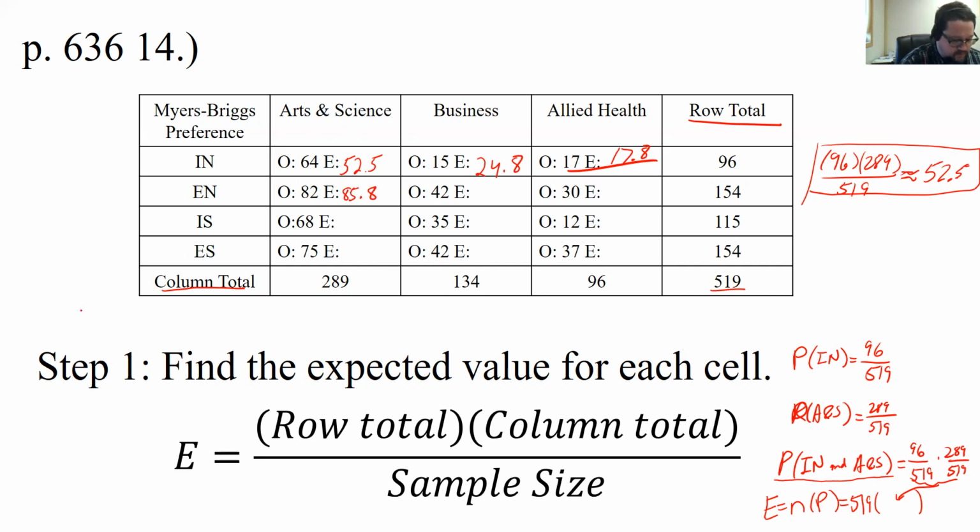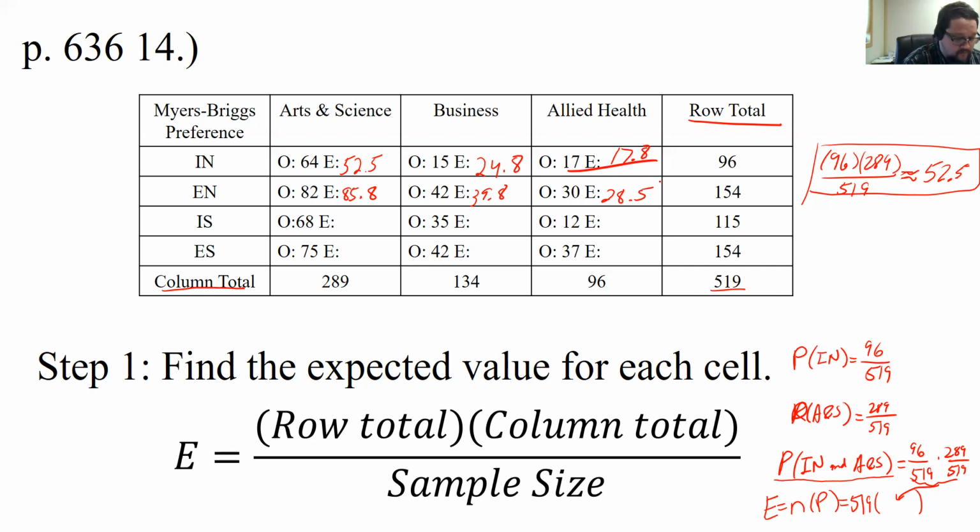And so I'm just going to go through and do all of those. 154 times 134 divided by 519, 39.8. 154 times 96 divided by 519, 28.5.